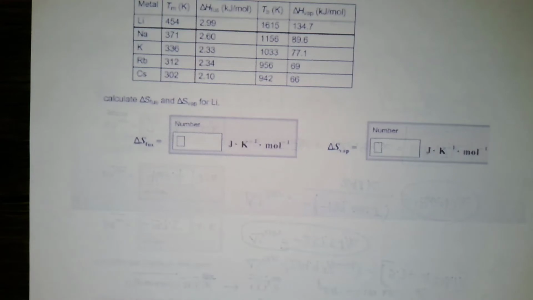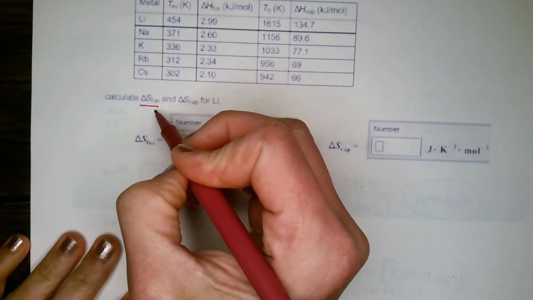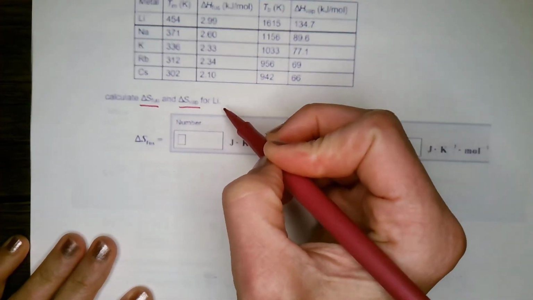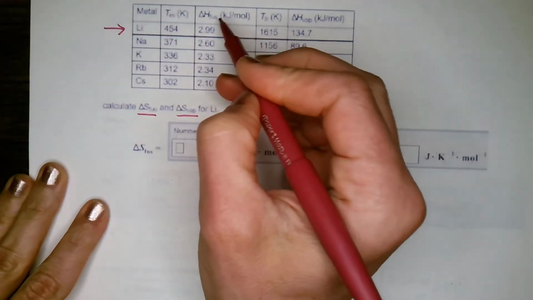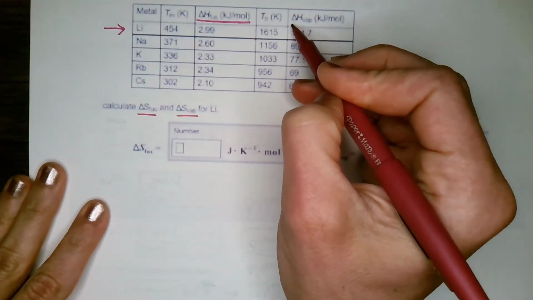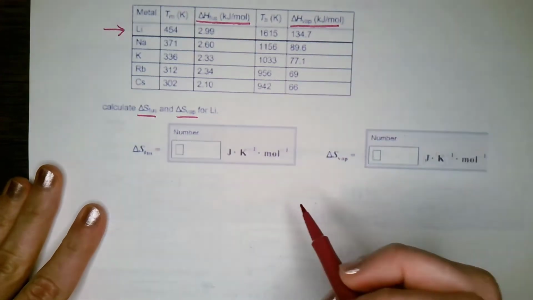Here's a question that's asking us to calculate the entropy of fusion and the entropy of vaporization for lithium. And this is a homework problem. But so we're focusing on lithium here. Here's our delta H of fusion. Here's our enthalpy of vaporization.